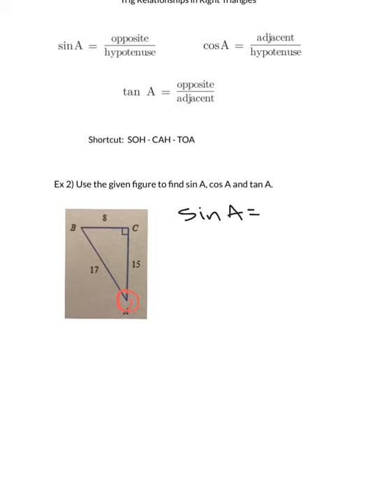The side across from angle A is the 8. The hypotenuse is the 17. So the sine of angle A is 8 over 17.